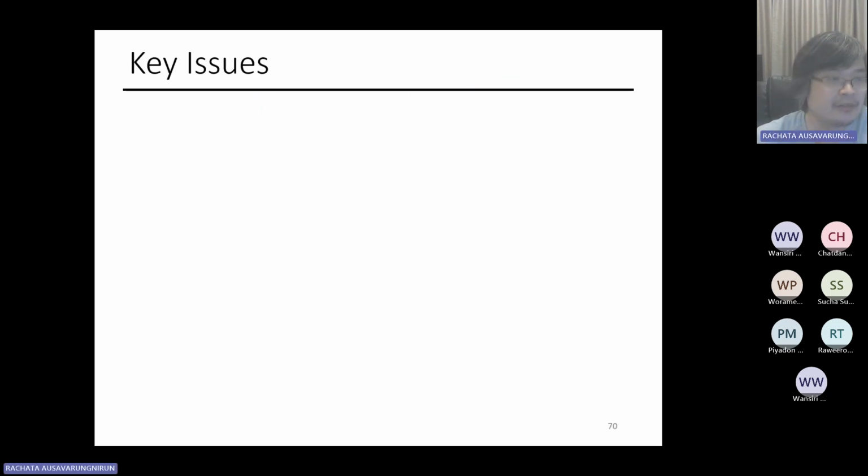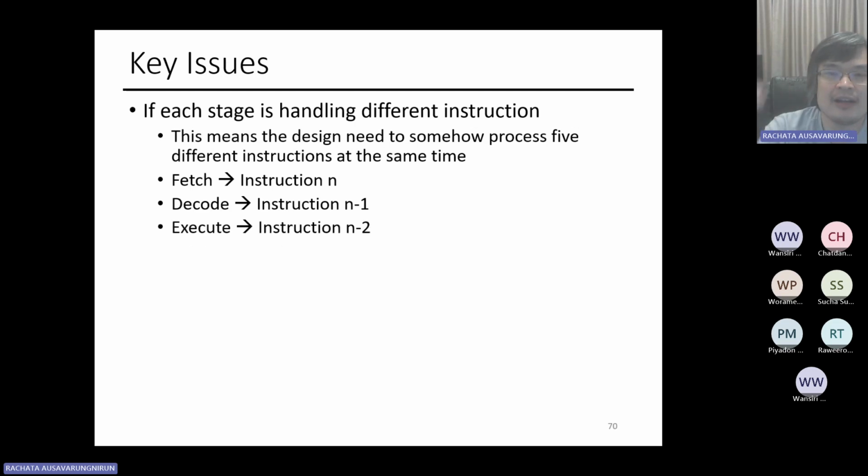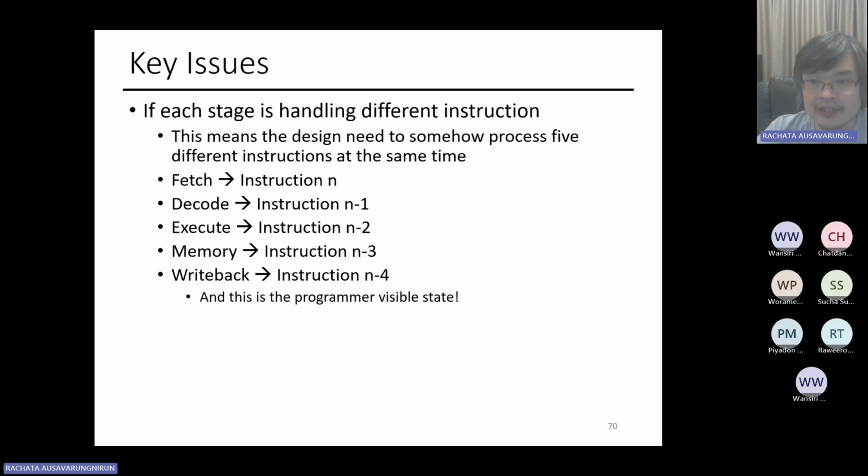So again, this derives the key issue, which is when you have to handle different instructions in each of the stages, right? Fetch is instruction n, decode n-1, execute n-2, memory is n-3, write back is the oldest, that's n-4, right?